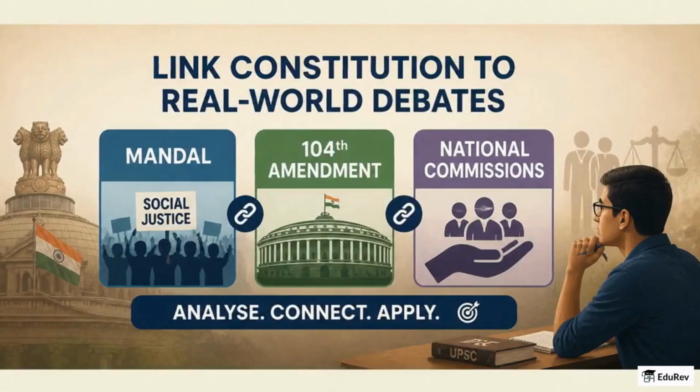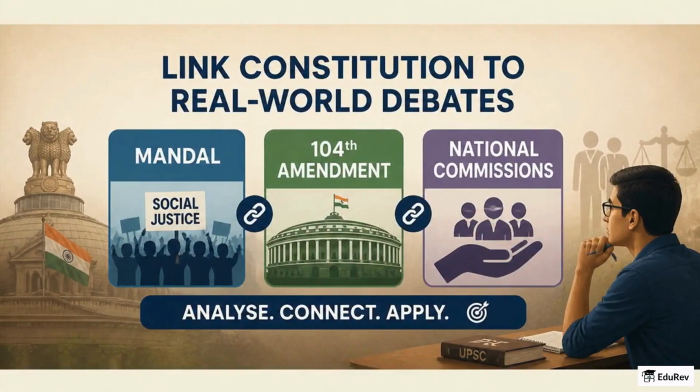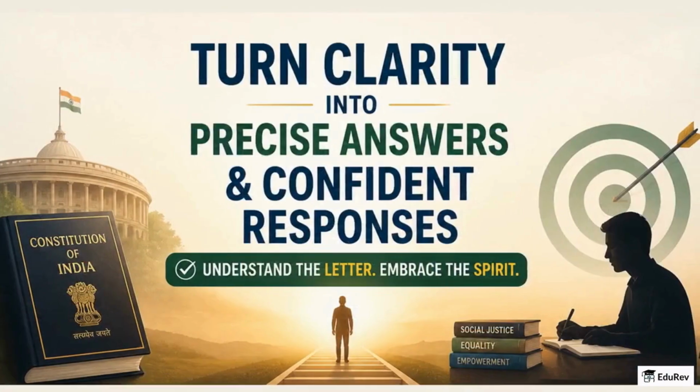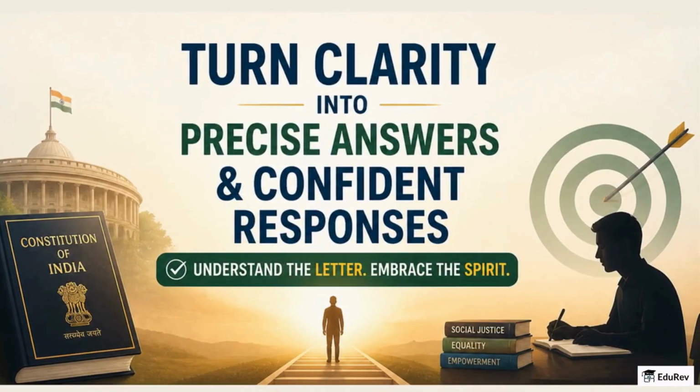For UPSC, connect the constitutional text to real policy debates like Mandal, the 104th Amendment, and the role of national commissions when you write answers or discuss social justice in the interview. You are now ready to convert this conceptual clarity into precise answers and confident interview responses, because you understand both the letter and the spirit of these provisions.